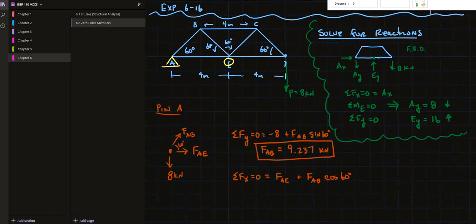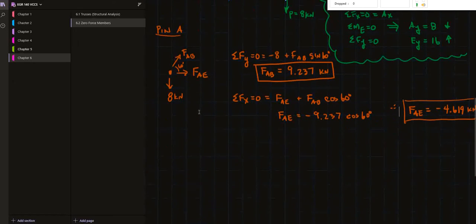So F_AE equals minus 9.237 cosine of 60 degrees. So F_AE equals minus 4.619, which means it'll be in compression. It'll be causing compression.